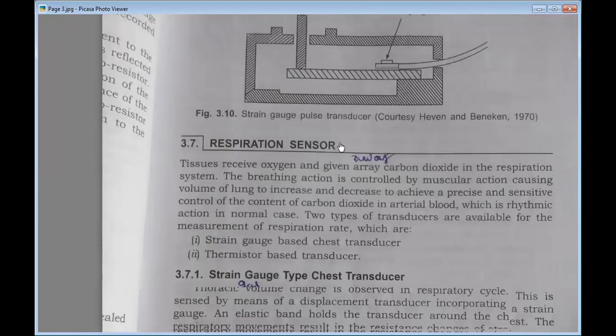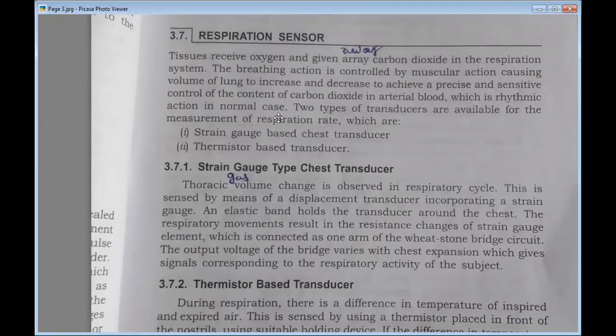So, coming to the respiration sensor. In the respiration system, tissues receive oxygen and give away carbon dioxide. By the inhale and exhale process, we receive oxygen and release carbon dioxide.